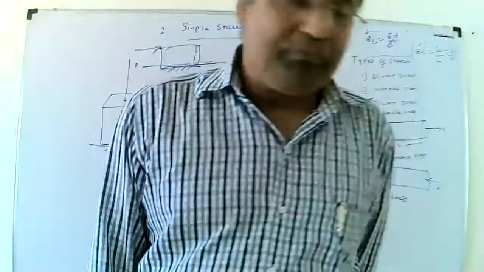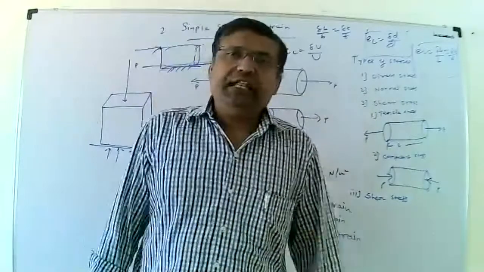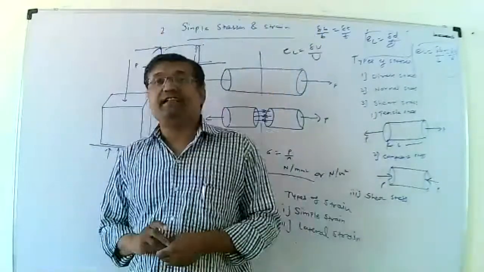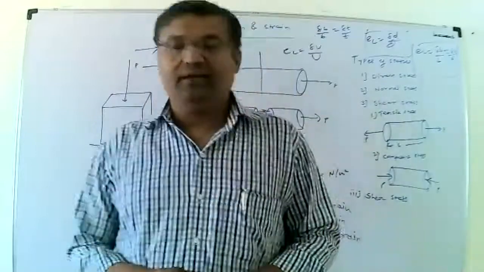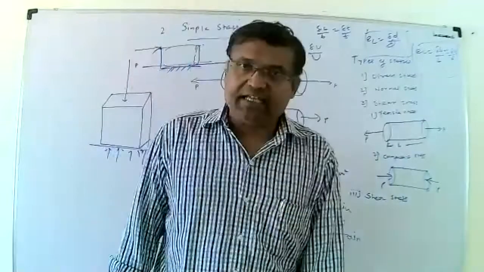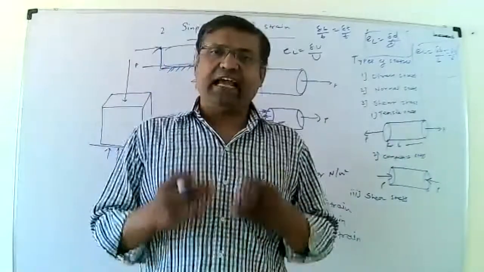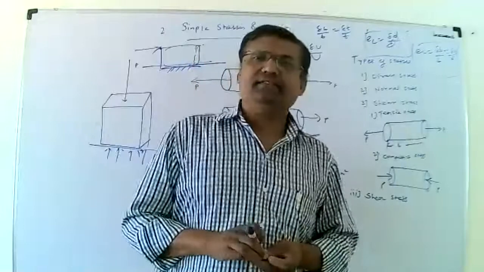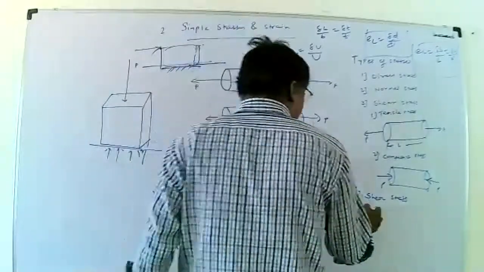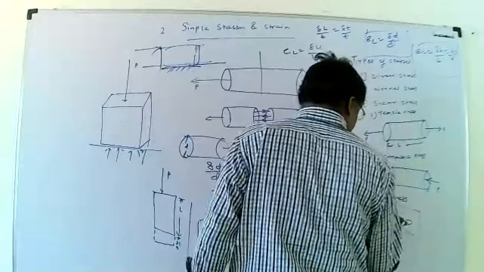Clear? Next, what is Hooke's law? Hooke's law means that within the elastic limit, the stress is directly proportional to strain. Within the load which acts within the elastic limit, the stress, represented by sigma, is directly proportional to strain.